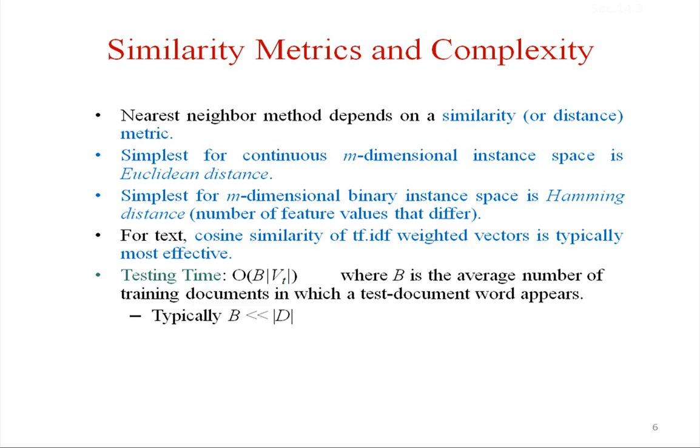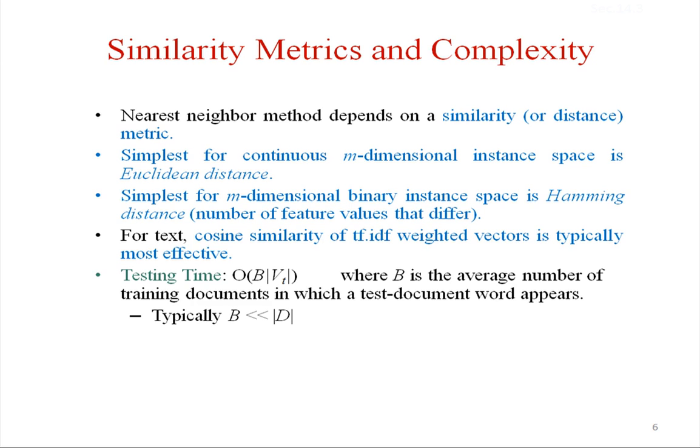Similarity measures and complexity. Actually, in k nearest neighbor classifiers, we can use multiple types of similarity measures, like Euclidean distance, Hamming distance, cosine similarity. The nearest neighbor method depends upon the similarity or distance metric.